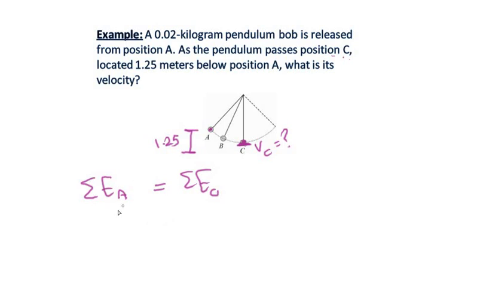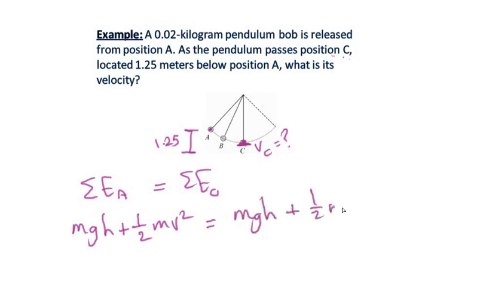Energy is conserved. Sigma E at point A is mgh plus half mv squared. And this is equal to, again, mgh plus half mv squared at point C. For point A, because the object is released from rest, the velocity is 0.